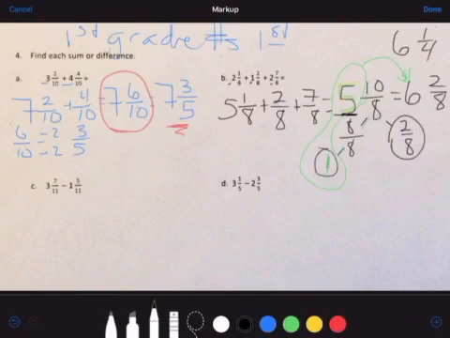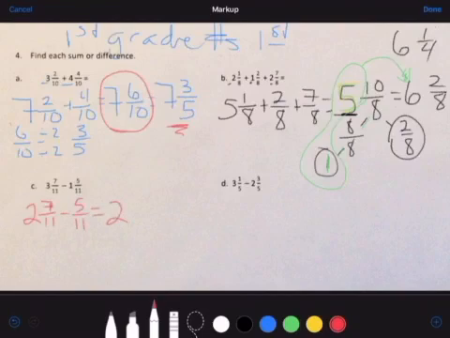What do we have to remember about C? What is it really important that we remember about C? That's right, that it's subtraction. So here we're going 3 minus 1 equals 2, because we still do first grade numbers first. And we get 2 and 7/11. Now I want a Slurpee. And then we have minus 5/11.